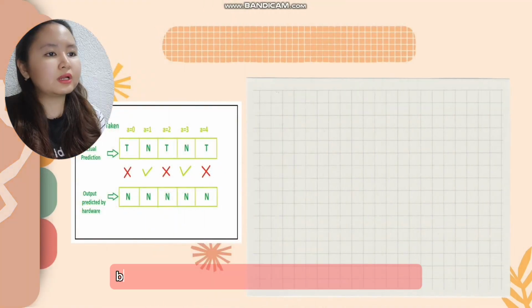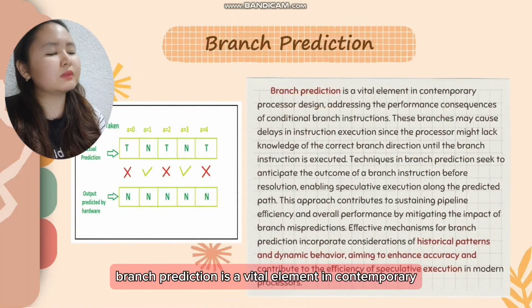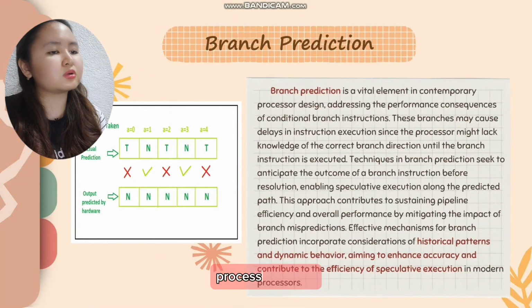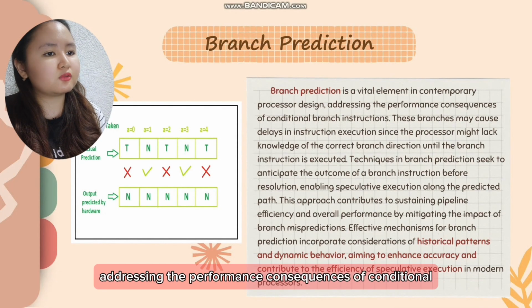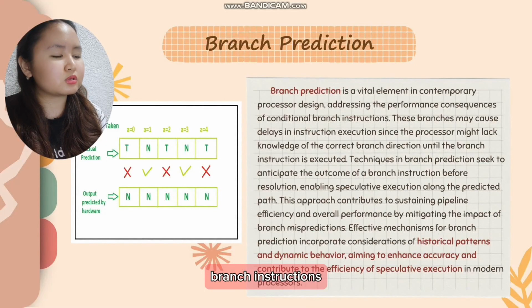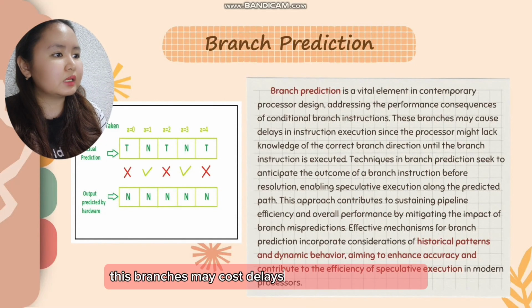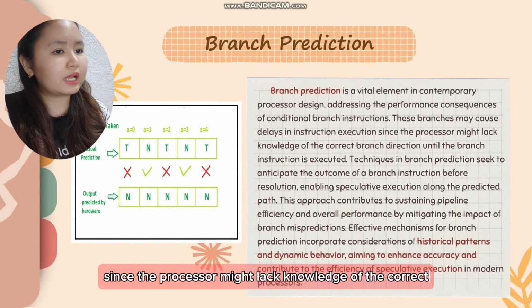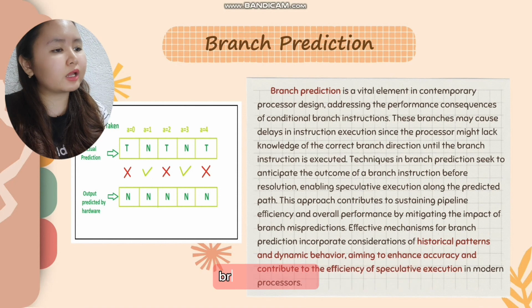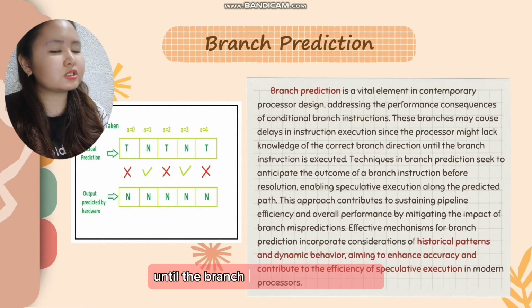Familiarity. Branch prediction is a vital element in contemporary processor design, addressing the performance consequences of conditional branch instructions. These branches may cause delays in instruction execution, since the processor might lack knowledge of the correct branch direction until the branch instruction is executed.